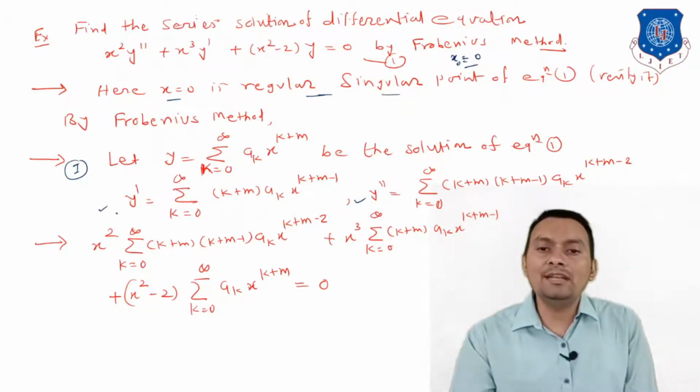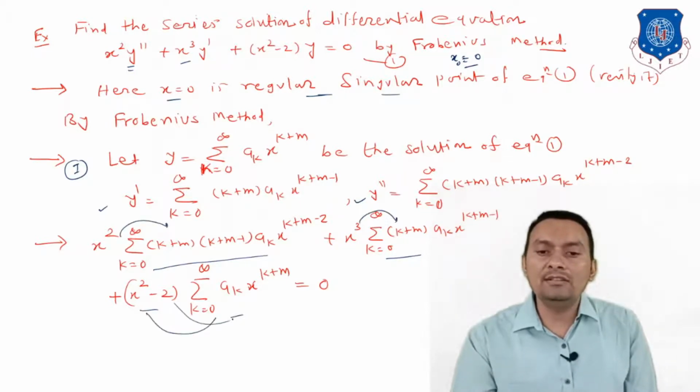Now substituting all these values in the given differential equation: x squared times y double dash, then x cubed times y dash, then x squared minus 2 times y, already written over here. In the next step we multiply x squared inside, x cubed inside, x squared with this and 2 with this.